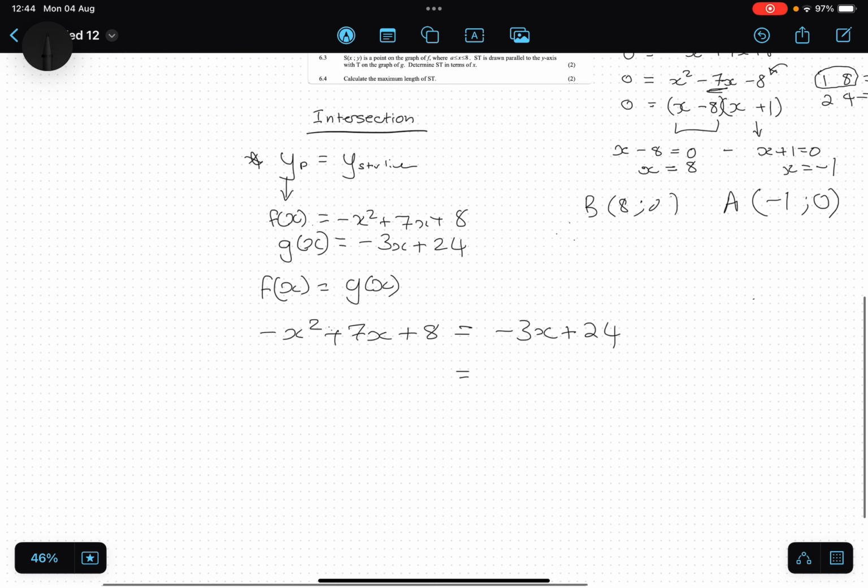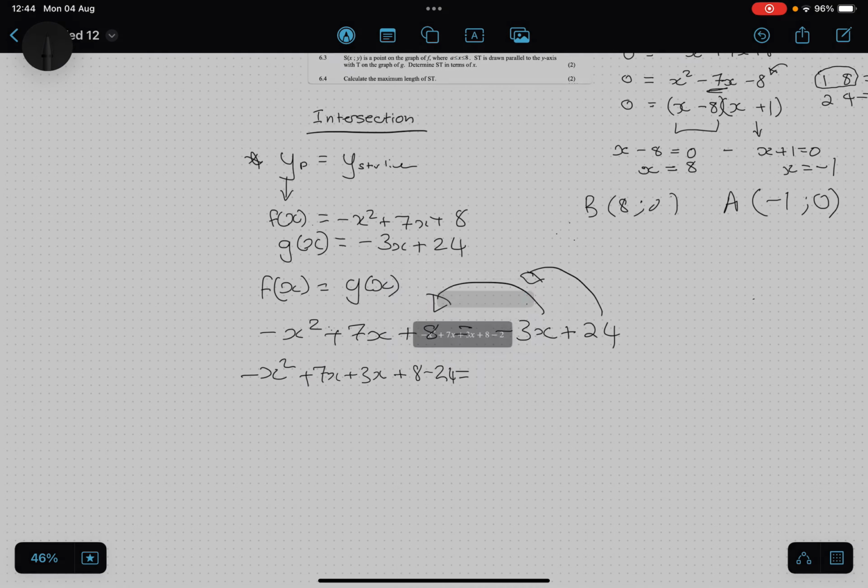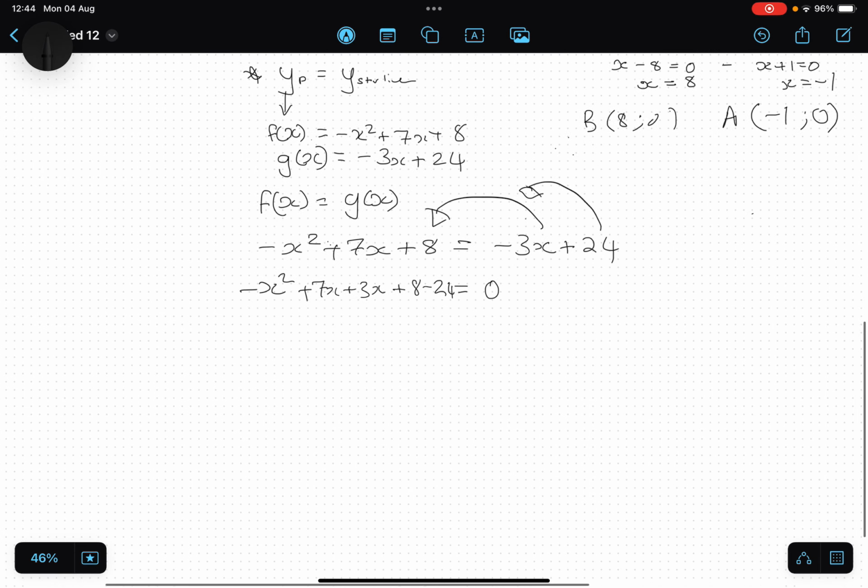Now we are going to simplify this equation by grouping like terms. What I mean by that is taking these values over to the other side of the equation. So minus 2x, and now that becomes plus 7x, plus 3x, plus 8 minus 24. Remember, it changes sign if it goes over an equal sign.